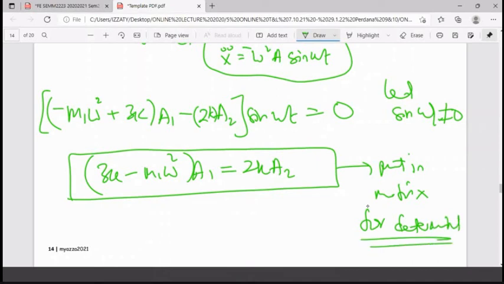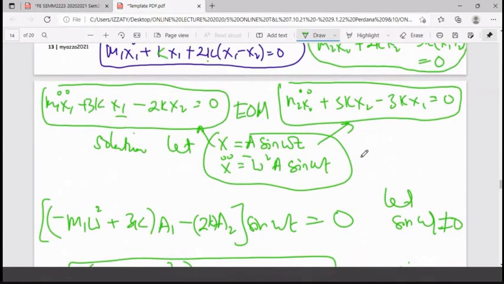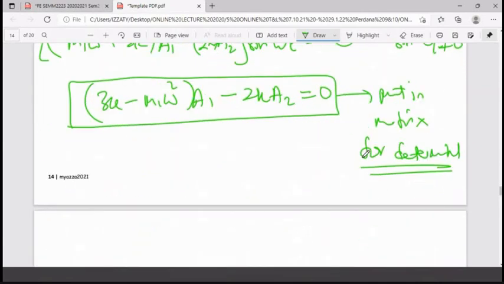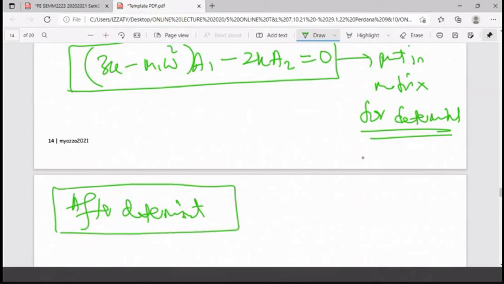Remember? For determinant. If you are not sure, don't worry. This one, put it in minus. Okay, it's still okay. Equal to 0. Another one, same thing. After determinant, omega equal to 0.